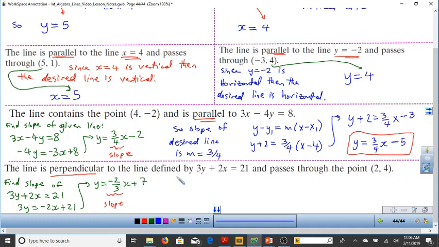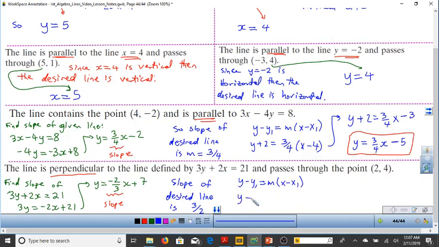So if the lines are perpendicular, the slopes are not the same. The slope of the line we want is the negative reciprocal. Change the sign, flip the number, is 3/2. So I'm using my point-slope form, y minus y1 is equal to m times x minus x1. My slope now is 3/2, which is the negative reciprocal of this slope.